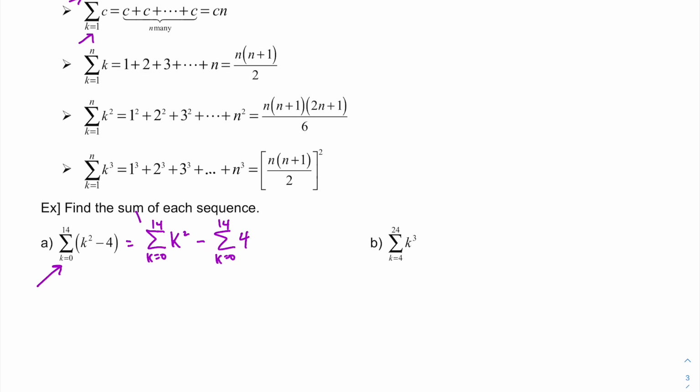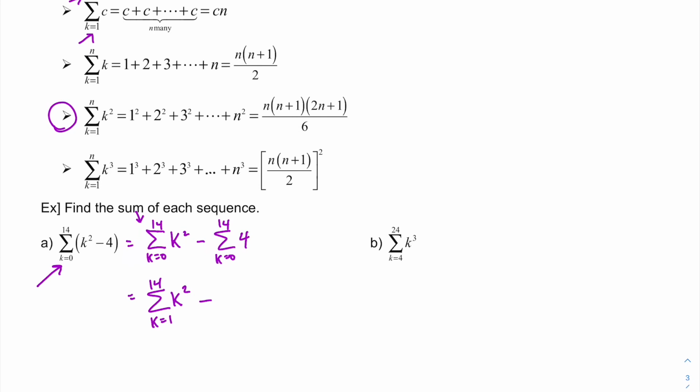So what I'm noticing is that for this first sum, the 0th term is 0. Because k squared would be 0 squared, that's not really adding anything. So this is not really going to be different from using this formula right here. So we can go ahead and apply this formula. This is going to be equal to the sum as k goes from 1 to 14 of k squared, because the 0th term is just 0, so adding 0 won't change it.